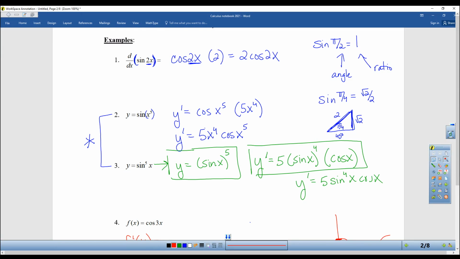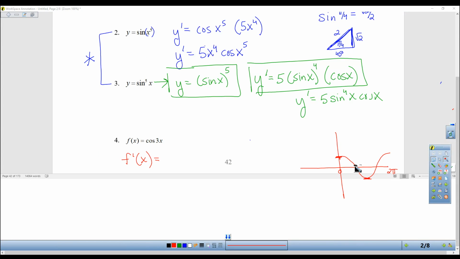But it doesn't work out quite as nicely as we want it to, because at pi halves, the slope is -1, but sine of pi halves is +1. So what does that mean? That means that if y is equal to cosine of x, the derivative is negative sine of x. So it doesn't work out perfectly.